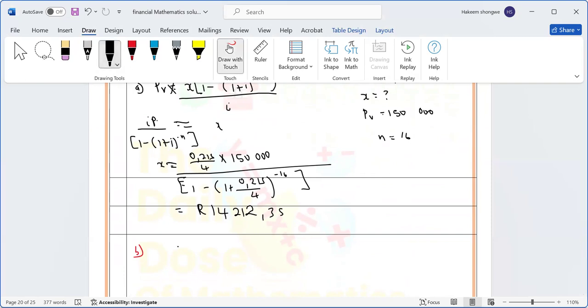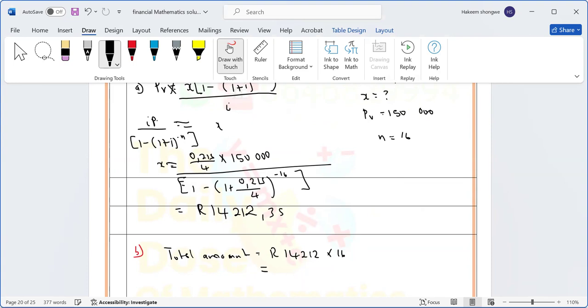14,212. So if we want to know the total amount that Jenny is going to pay, the total amount is 14,212 multiplied by 16.